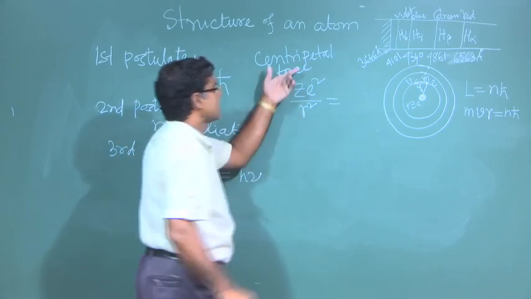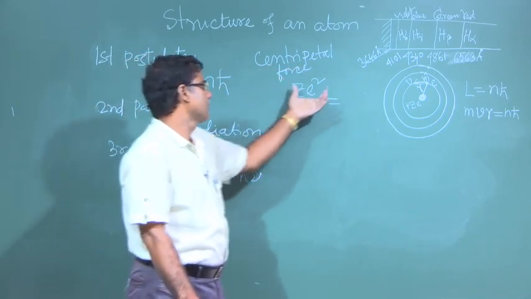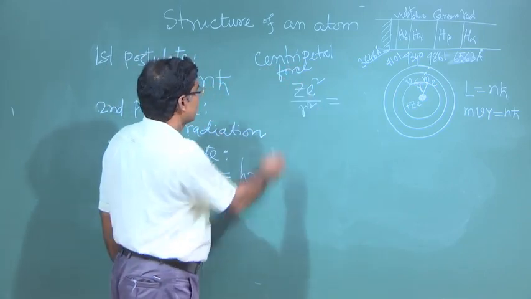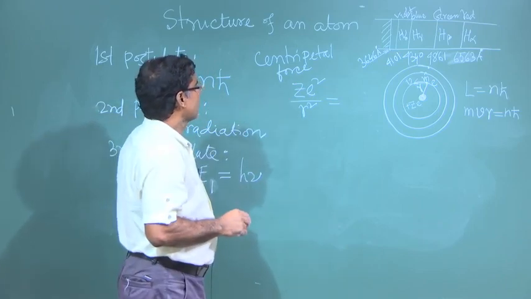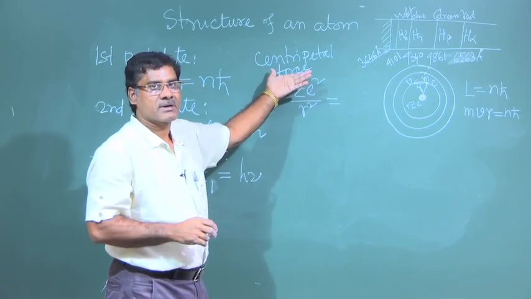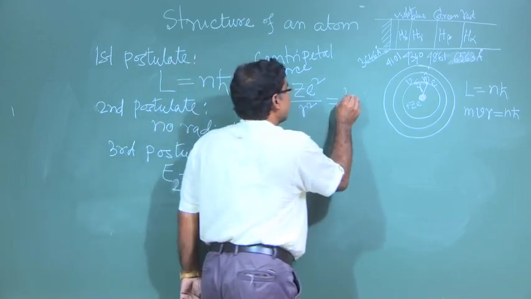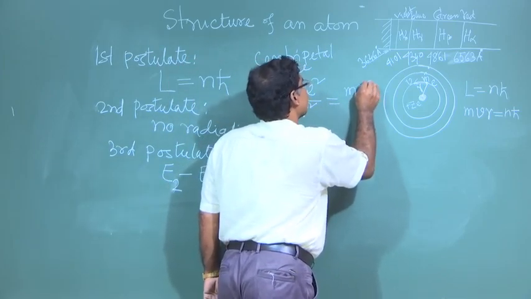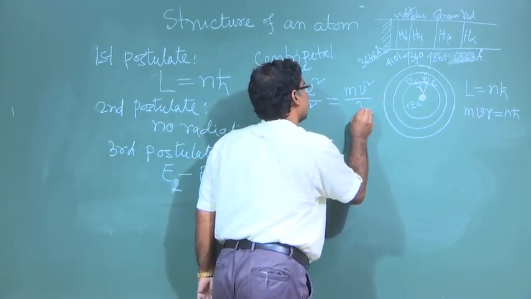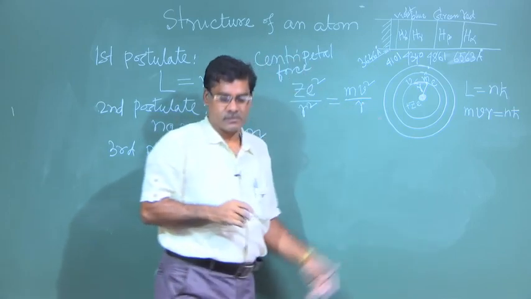Okay. So, the centripetal force will be equal to the Coulomb force. Okay. So, the centripetal force, what is that? That is basically m v square by r. Okay. These are standard, you know.